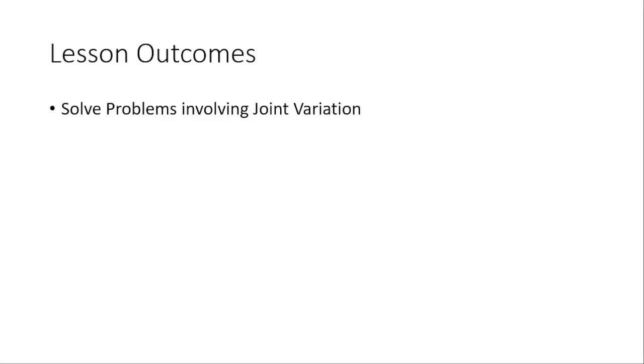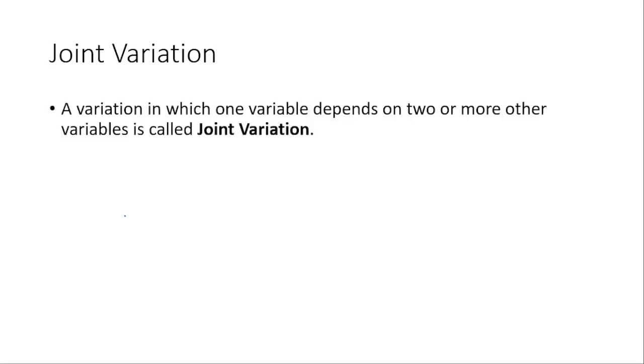This lesson will enable you to solve problems involving joint variation. What is joint variation? You might ask, what is joint variation? One variable will depend on two other variables in a joint variation.